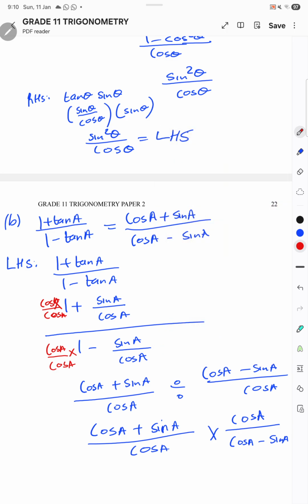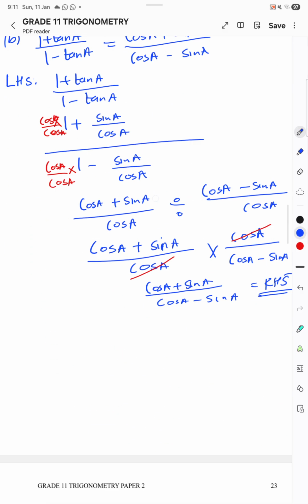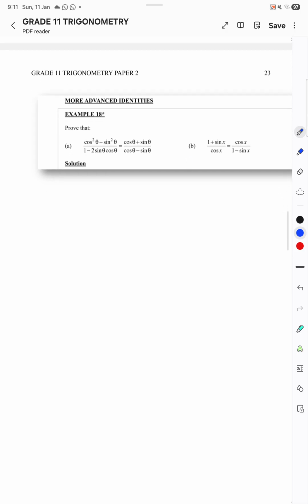Now this will cancel that, and then at the end you're left with cos A plus sine A over cos A minus sine A, which is the same as your right hand side. So likely here, you didn't have to do both sides. And then that will be where part 2 ends.